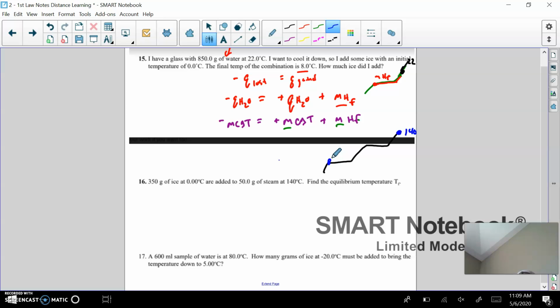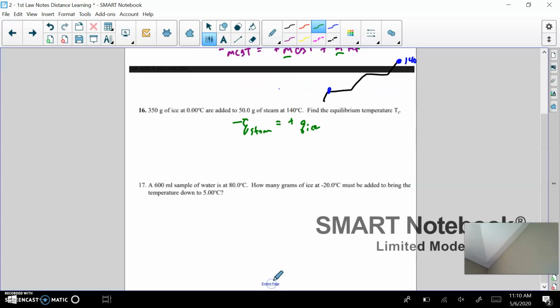And we want to find the temperature at equilibrium, okay? Now, what we can say is what's losing: Q steam is going to be losing. What's going to be gaining is Q ice. That's kind of the gist of how you set that up. You're going to have to figure out what you need to add.